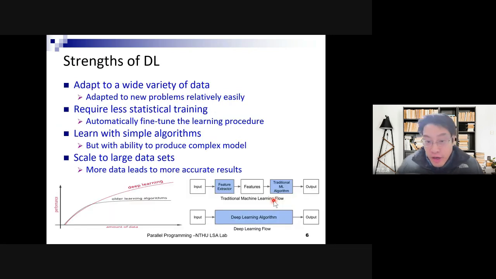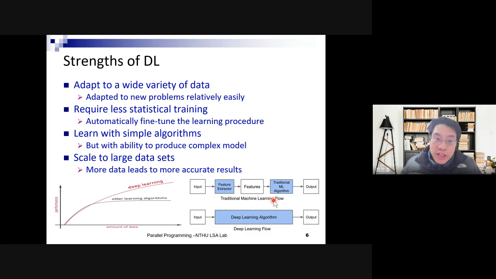However, this is so powerful because you require lots of data, right? The reason deep learning becomes so powerful is that we finally have enough data, because the big data era allows us to collect enough data to drive deep learning. And deep learning itself has many other strengths.